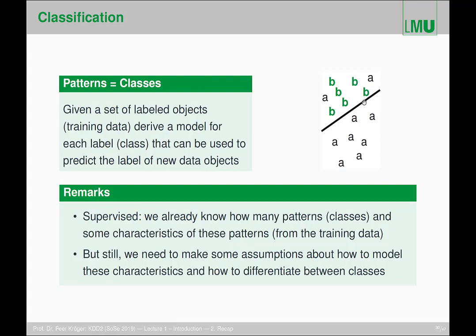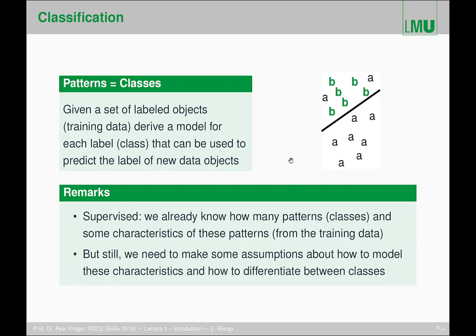For example, such a line between the majority of B's and the majority of A's would be such a model, because then you could derive that everything on this side of the line is probably a B, and everything below this line is probably an A.